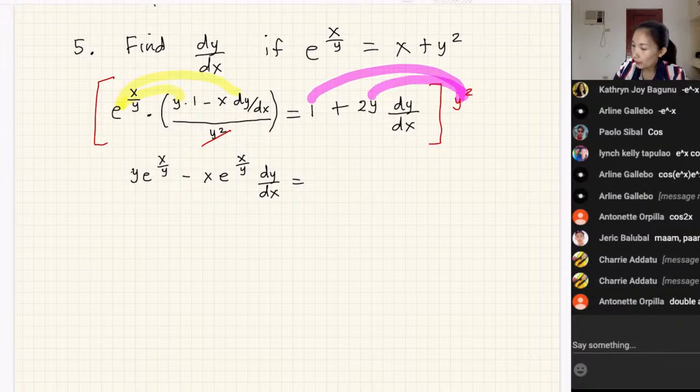Y squared, I should say. Y squared plus 2y cubed dy over dx. Now we collect terms having dy over dx on one side of the equation. So I could move this to the other side. Let this one remain here.